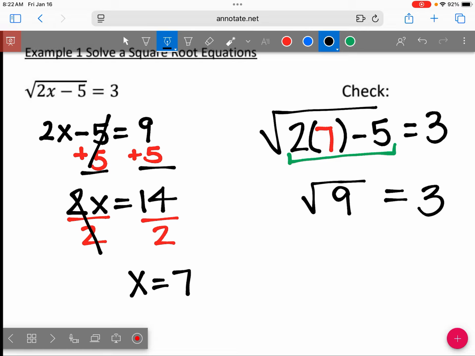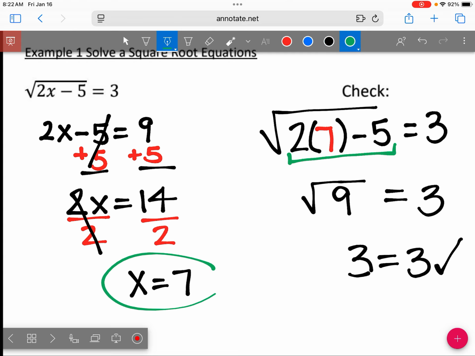And does anyone know what the square root of 9 is? 3. Does anyone need help putting in a square root in their calculator? If you need me to show you how to do that, I will do that. So because this is true, this is my solution. Go ahead and circle it. When it's a true solution, we circle it. If it doesn't work, we exit out and say no solution.